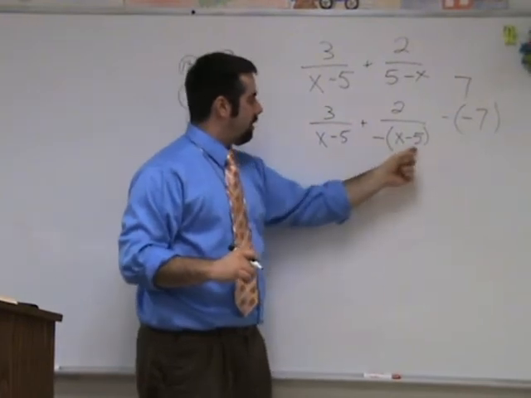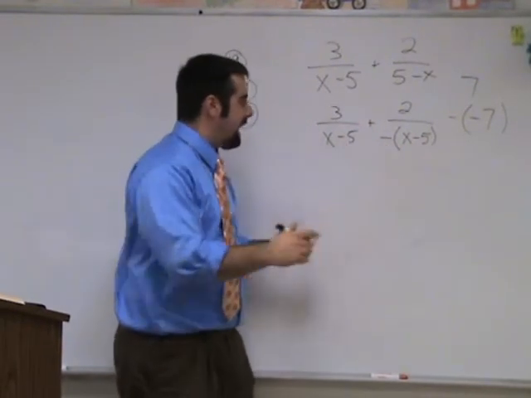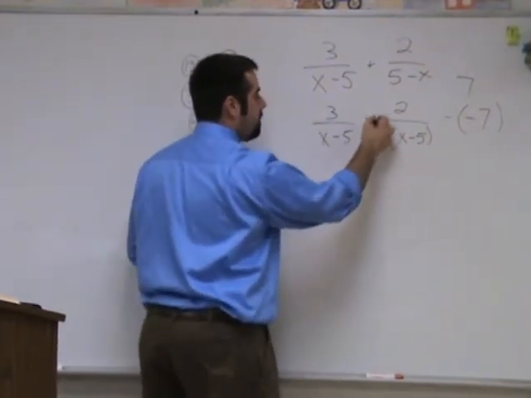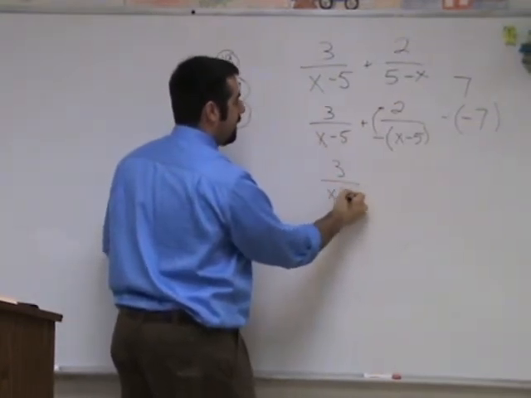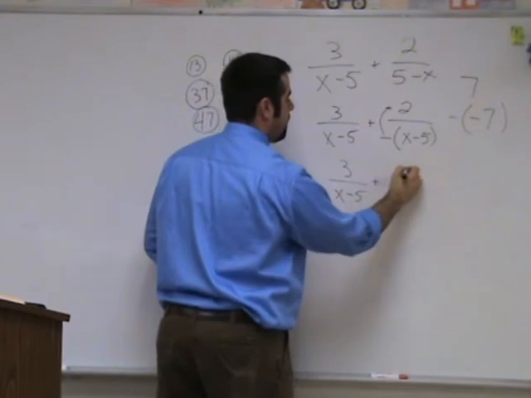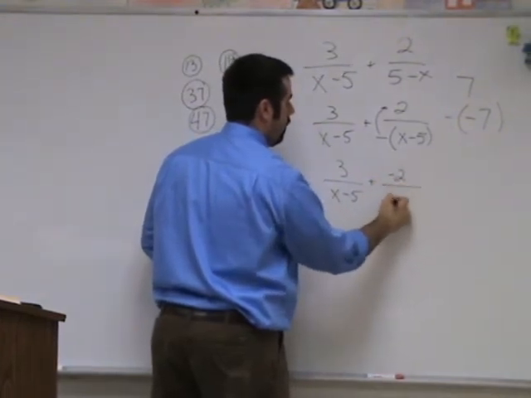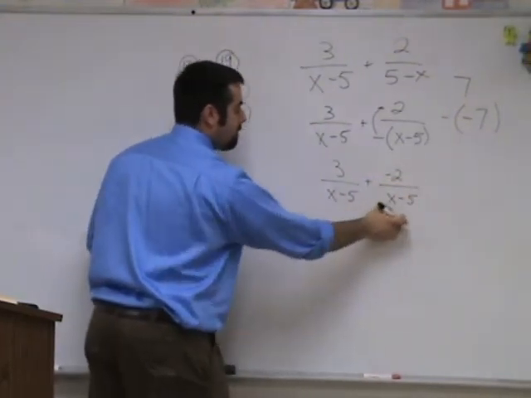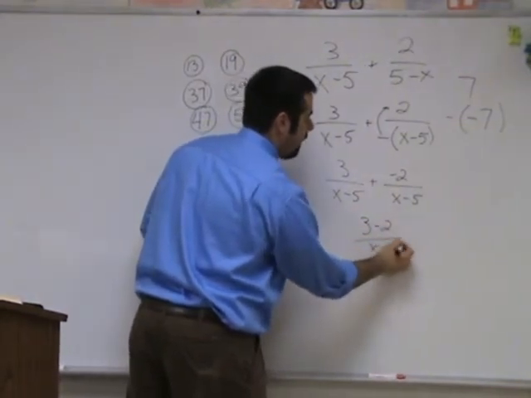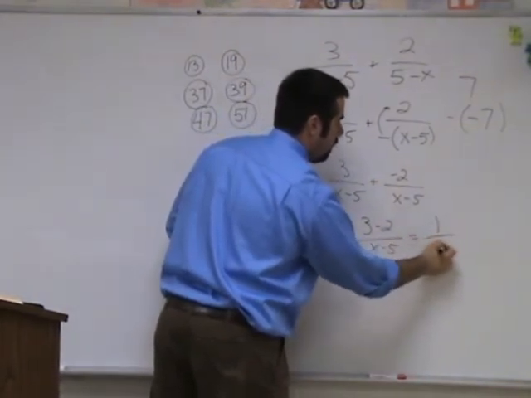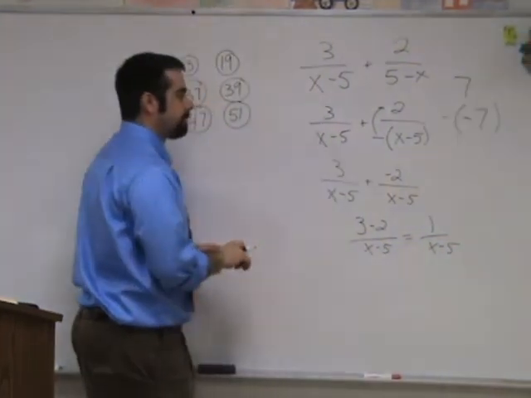But now these are the same except for this negative, but recall from before, I can move the negative up to the top. So I get 3 over x minus 5 plus negative 2 over x minus 5. My denominators are now the same, so I get 3 minus 2 over x minus 5, which is just 1 over x minus 5.